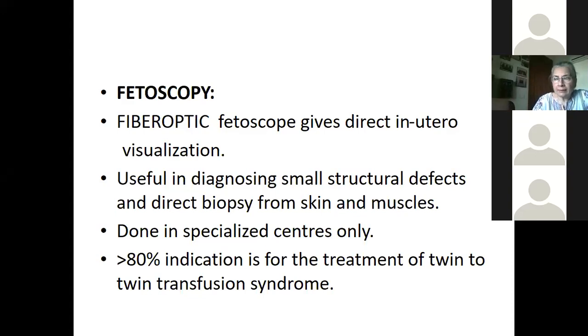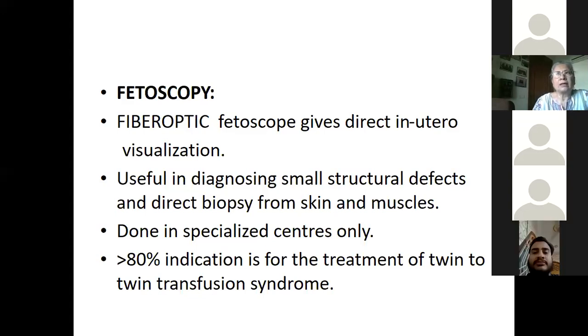And you can directly diagnose some congenital structural abnormalities. You can take a biopsy from the skin or from the muscle, if certain muscular dystrophies are suspected, and in cases of twin-to-twin transfusion, resulting in problems with one twin, you can use laser to coagulate the communicating vessels.